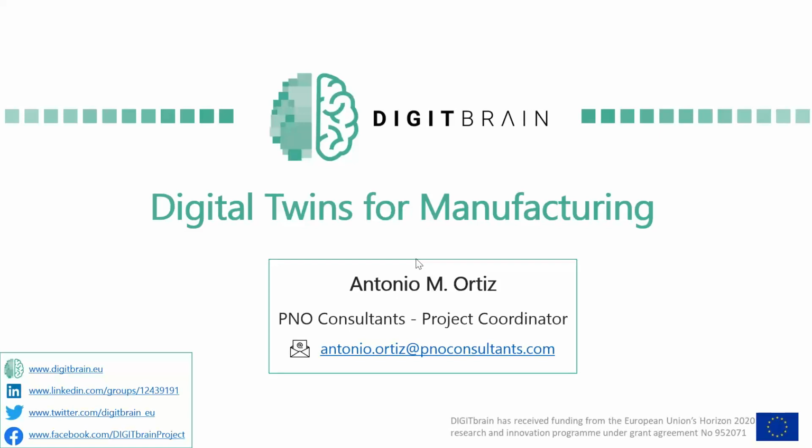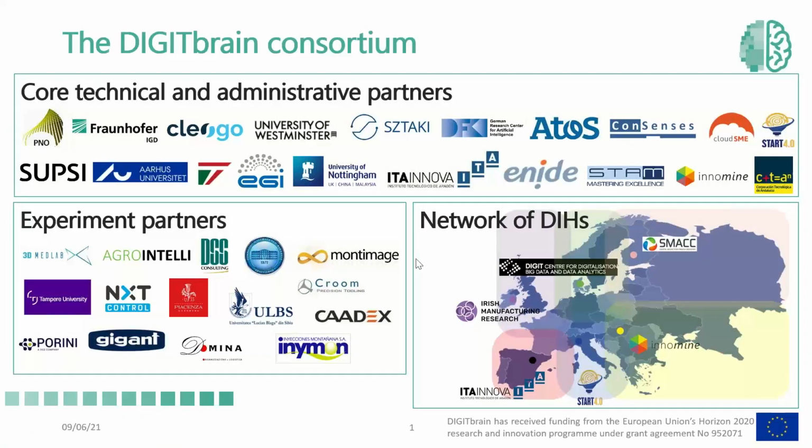So as Giacomo has mentioned, I'm going to give a very brief introduction about the general idea of the project, what we're doing, what it is about. So first of all, the DigitBrain consortium. We are 36 partners collaborating together in this endeavor, and there are 3 main categories of partners. First, the core technical and administrative partners, which are focused on the administrative and technical development in the project.